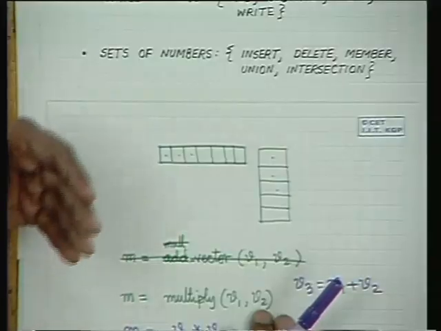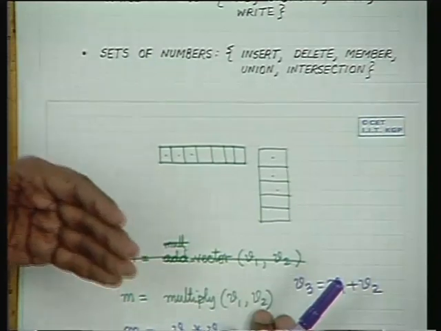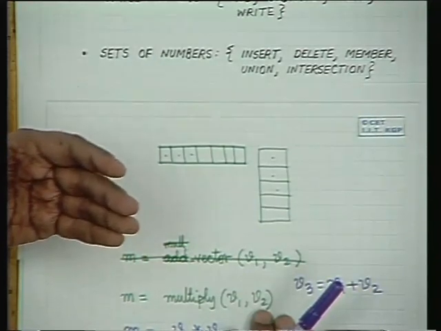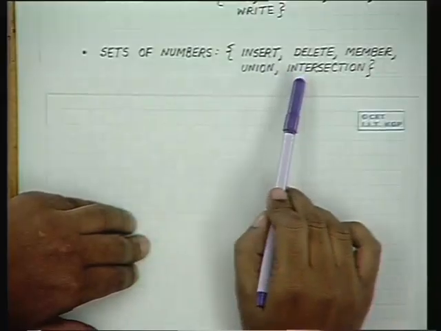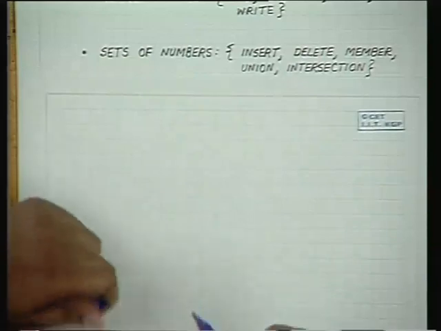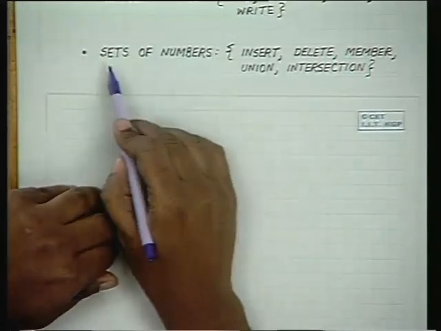Coming to sets, sets can be implemented by bit vectors. If you know that there is a maximum limit on the number of elements, and you know the universal set, then you can represent any defined set.